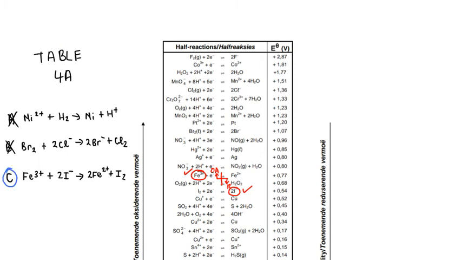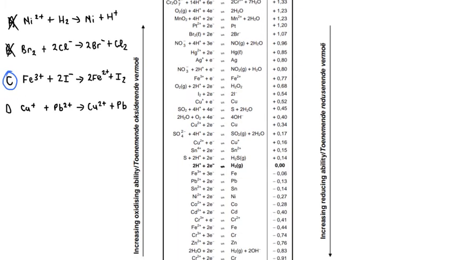Let's just check option D just to be sure. For option D, you're looking for copper plus ions together with copper 2 plus ions, and that's going to be this reaction over here, but we're focusing on the copper plus ion. You're also looking for lead with lead 2 plus ion, and our reactant here is the lead 2 plus.